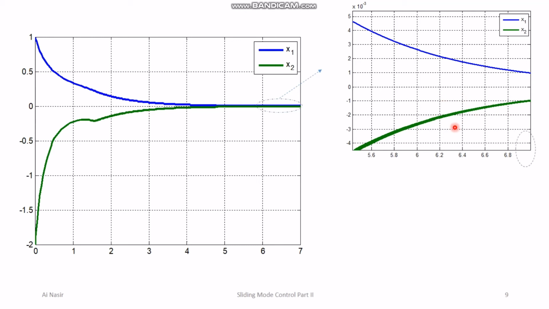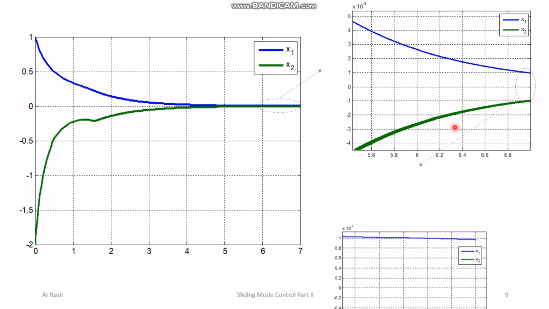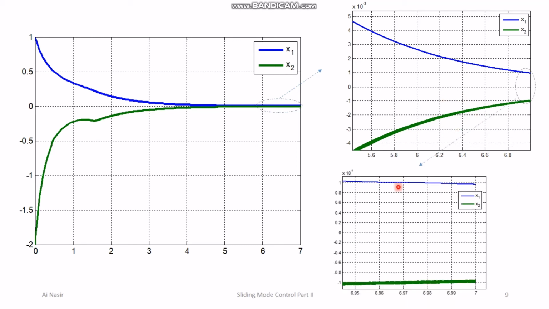And we further zoom this in, and we can see clearly that this state is not doing the chattering, but this state is doing the chattering. This is the state x2, and the u control input appears in the derivative of x2. So this state is affected by the switching of the control law more than the x1 state.